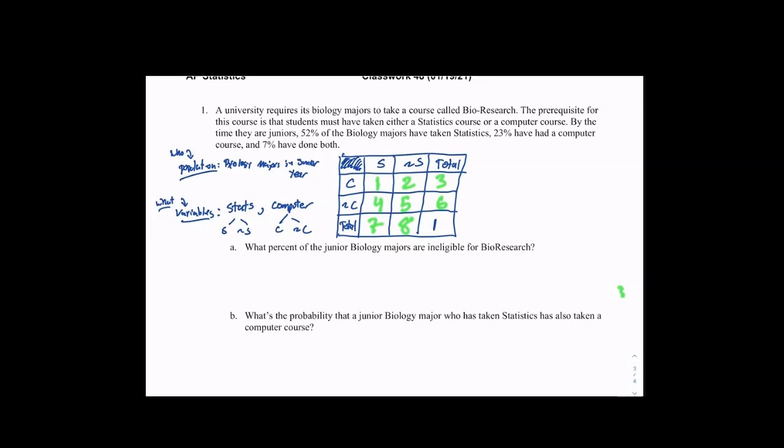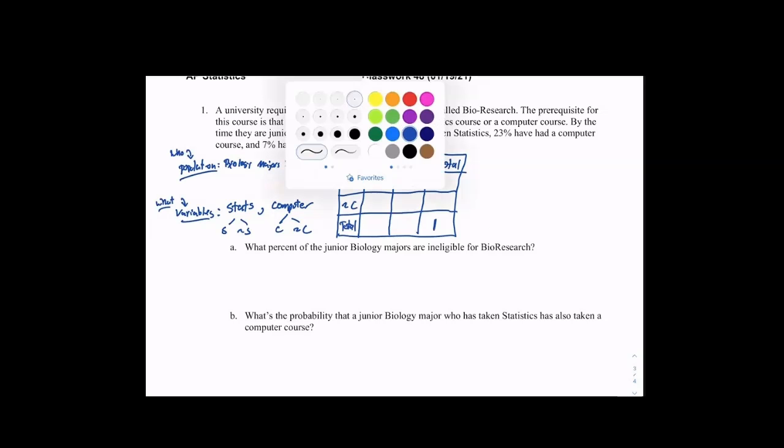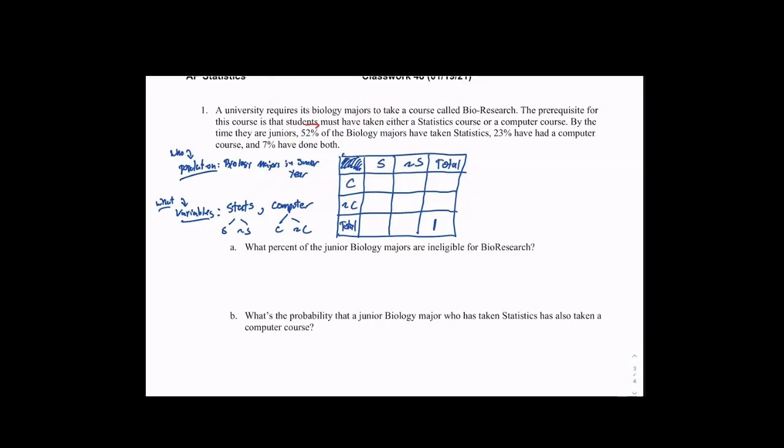It is 7. Therefore, this 52% represents 0.52. If you were reading this table backwards, and I said, given this table, what's the probability I randomly select a statistics student? It'd be 0.52.